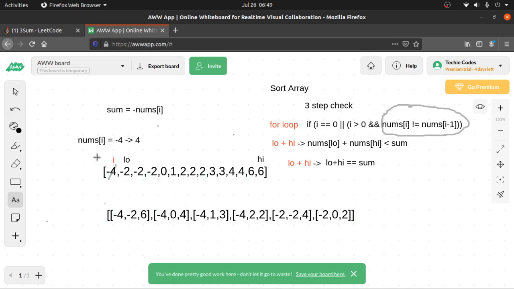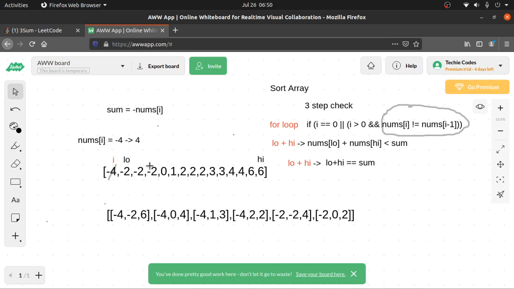So I found the number. High and low is equal to sum. What am I going to do? Again, the reason we sorted the array in the beginning is we don't want to go over the same numbers over and over again.